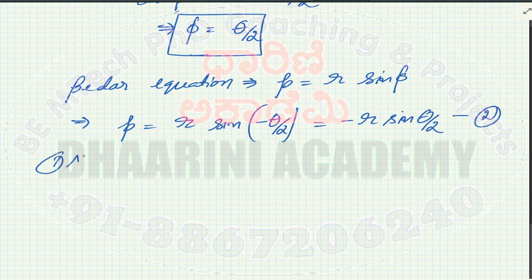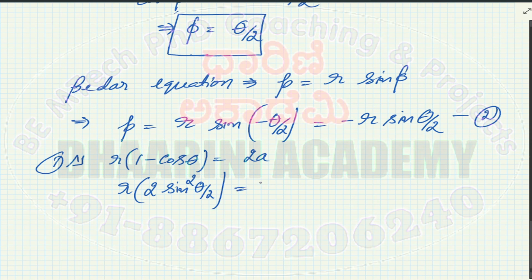From the given equation, I am writing this now. So original equation given, which is r into 1 minus cos theta should be equal to 2a. Now let us try to substitute what happens with the 1 minus cos theta. So that is r into, what is 1 minus cos theta? We know that it is 2 sine square of theta by 2, should be equal to 2a. Right?